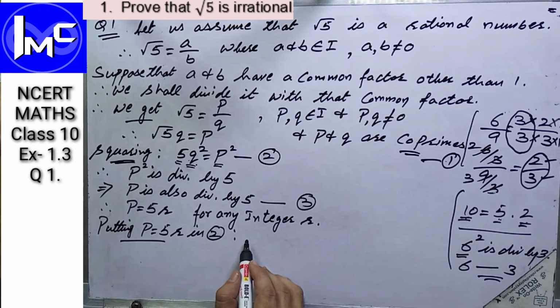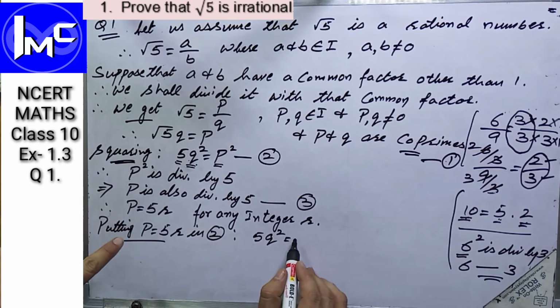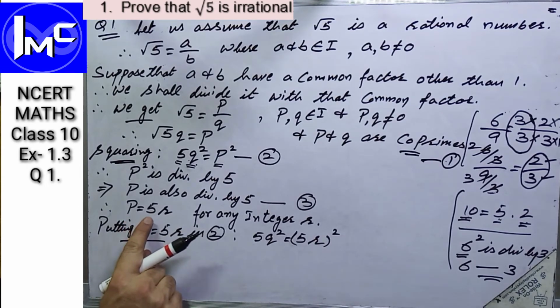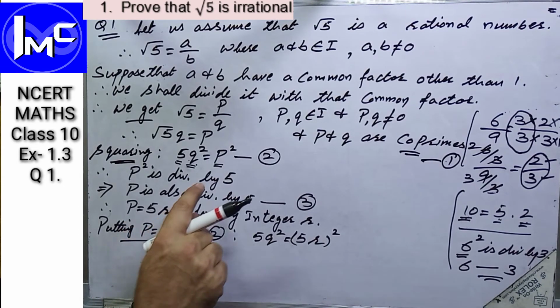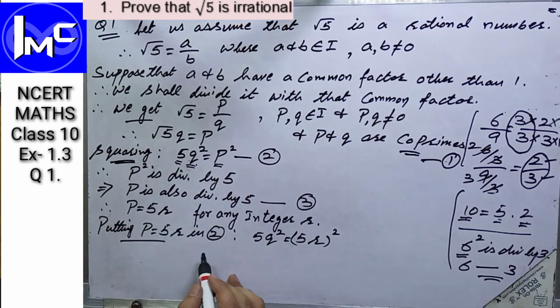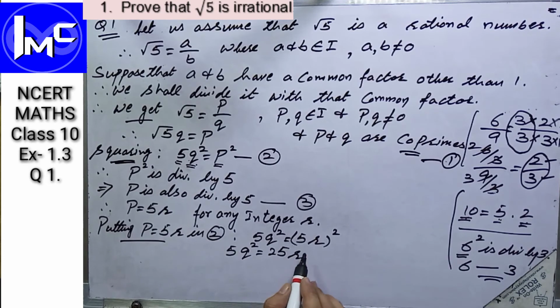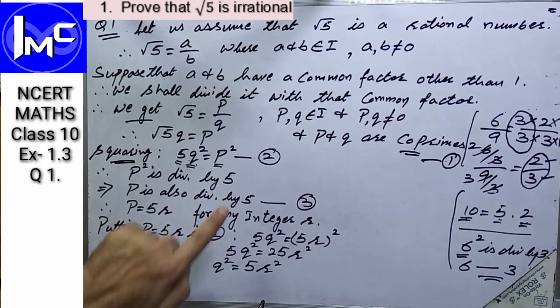We get 5q square is equal to 5r square, because value of p is 5r and I have taken this value in this step, and by solving we shall get 5q square is equal to 25r square, q square is equal to 5r square. Again I have taken this step as it is.